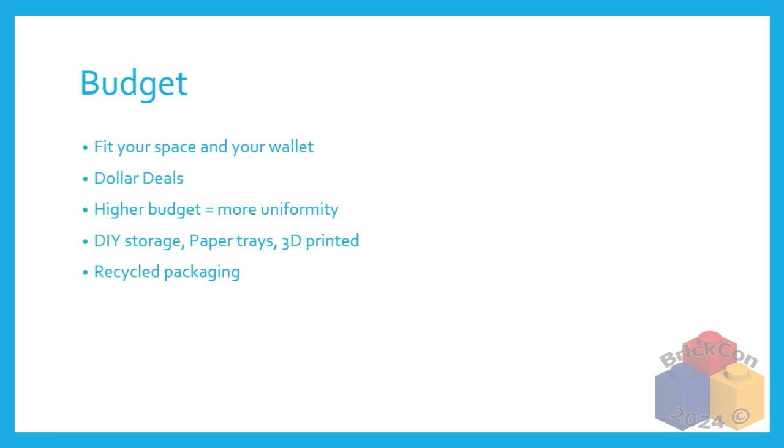So budget options. Looking at budget, we want to talk about things that fit your space and your wallet. Dollar deals. If you have a higher budget, you might have more uniformity. So DIY, paper trays, 3D printing could be budget options, although you might want to price your filament for 3D printing and time and whatever.